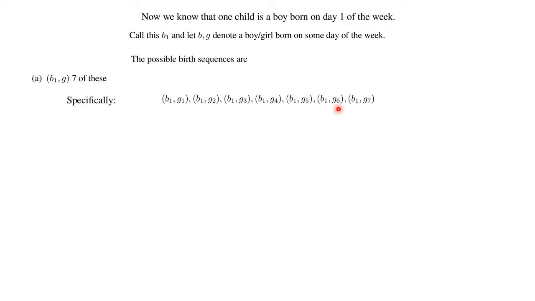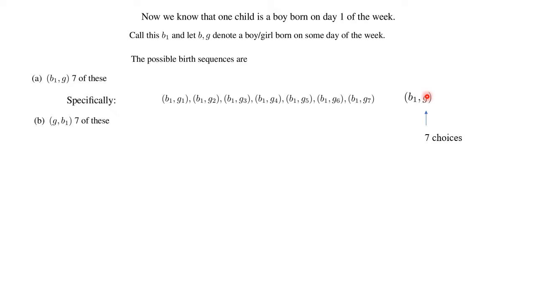Now, if we don't want to write them out, we can have a generic procedure. The firstborn, that's in position 1, is this boy, and he's born on day 1. That's what the subscript denotes. And the second-born is a girl, and there are 7 choices for that variable, G1 to G7.